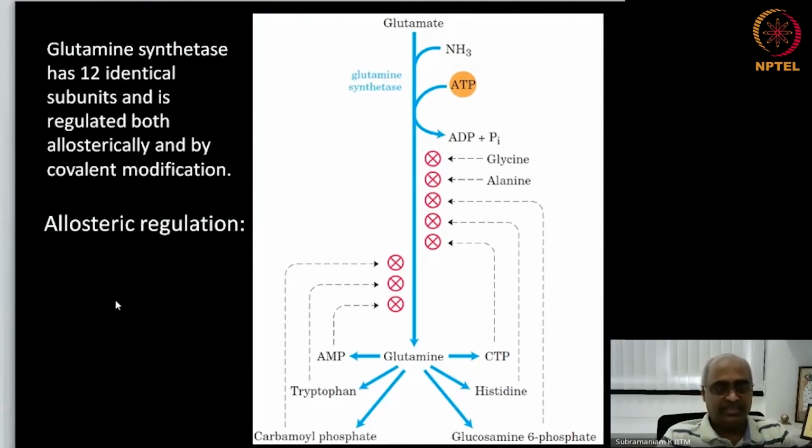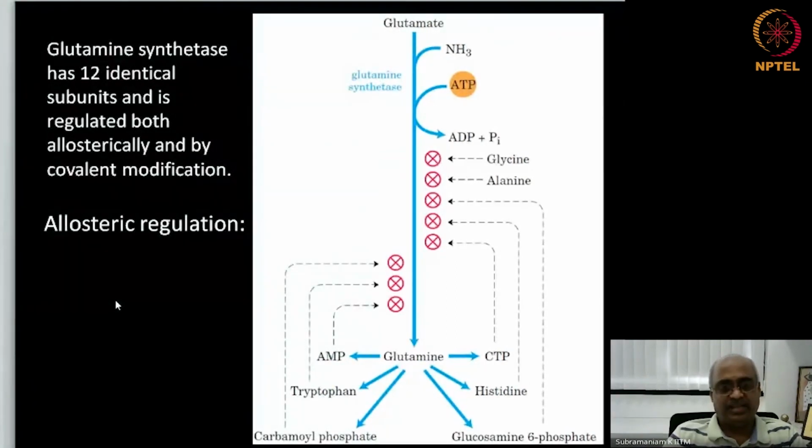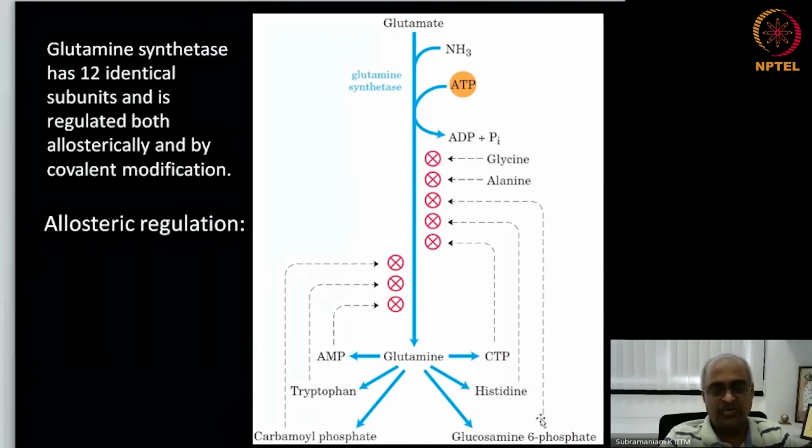So first, this enzyme is subject to allosteric regulation, meaning molecules binding to a site other than the active site, altering the catalytic activity of an enzyme. So it is subject to feedback inhibition by a variety of amino acids. Okay, glycine, alanine, histidine, glucosamine phosphate, which is not a glycosaminoglycan, not a glycan, so this is a single monosaccharide.